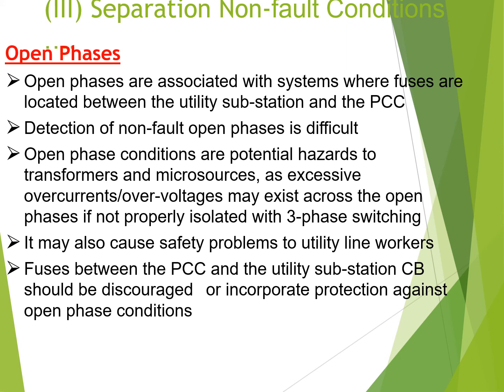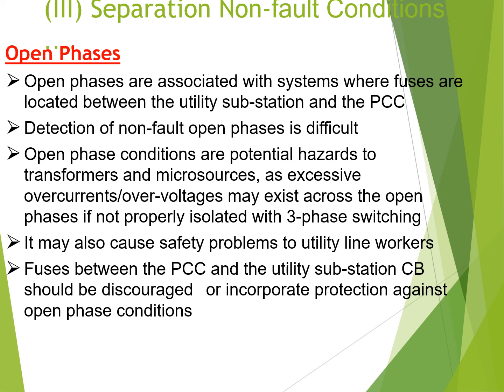So the third issue is open phases, a somewhat common problem in power systems. Sometimes we know some of the fuses will blow out, making one particular phase open. So any phase fuse between the utility and PCC, if it's blown out, will lead to an open phase condition.